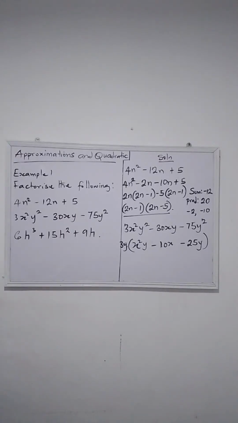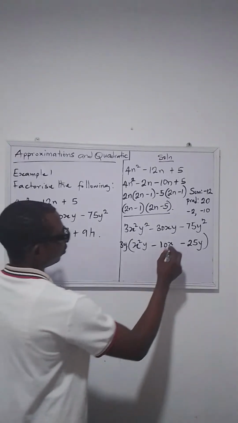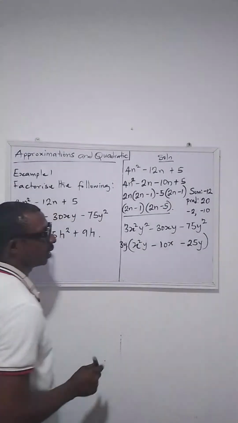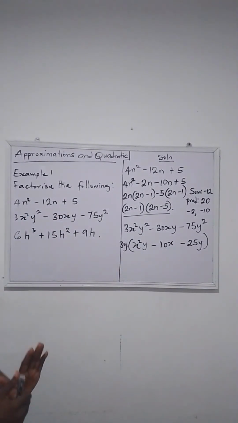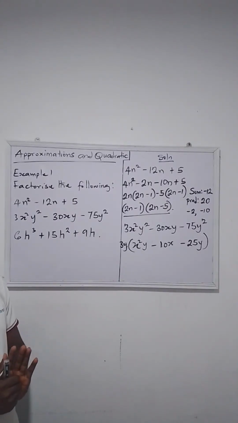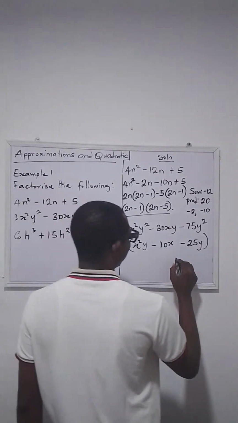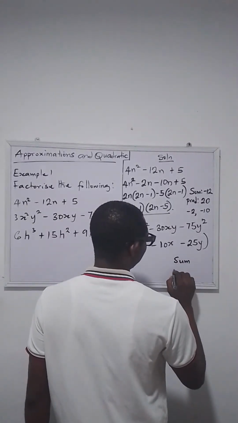So now we can go ahead and factorize this. How do we factorize this? We identify the sum and the product. Now what is going to be the sum and what is going to be the product?